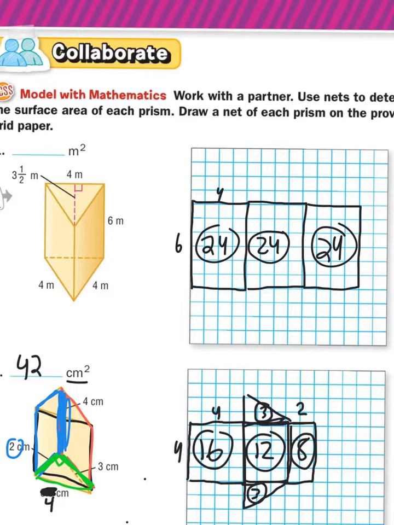Now for the triangle. Now this one, it's an equilateral triangle. It's 4 by 4 by 4. So we're just going to tack that on any one of our rectangles because they all have 4 at the top. So I'll do the middle one. I have 4, and the other sides are going to be 4, but watch this. If you mess this up, not a big deal. Remember how the height is 3.5? If you look at the height.